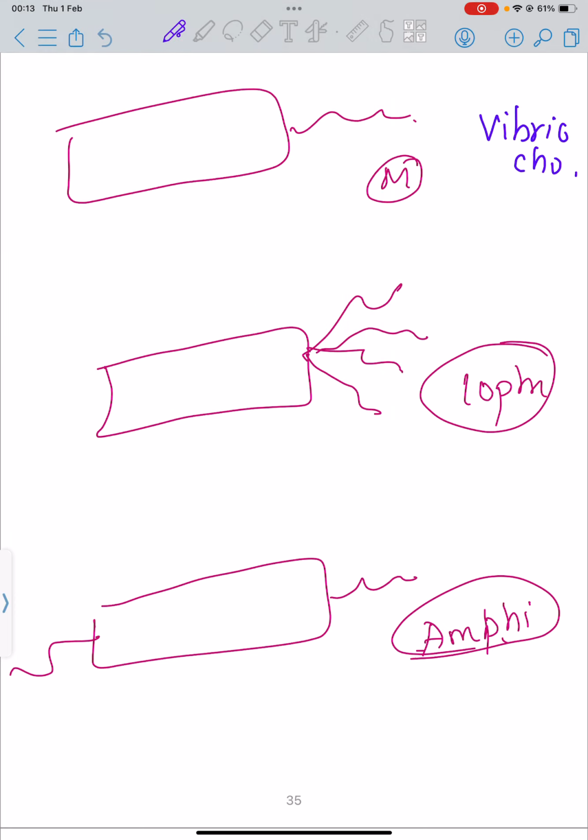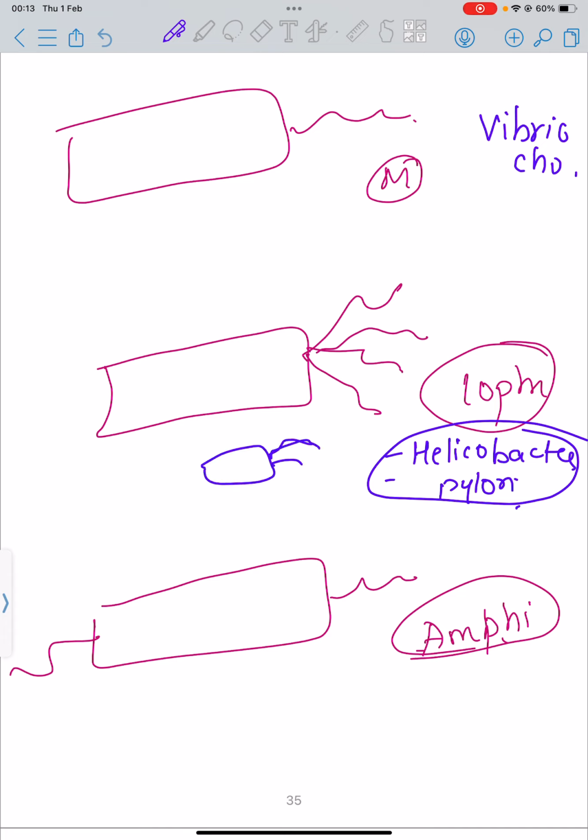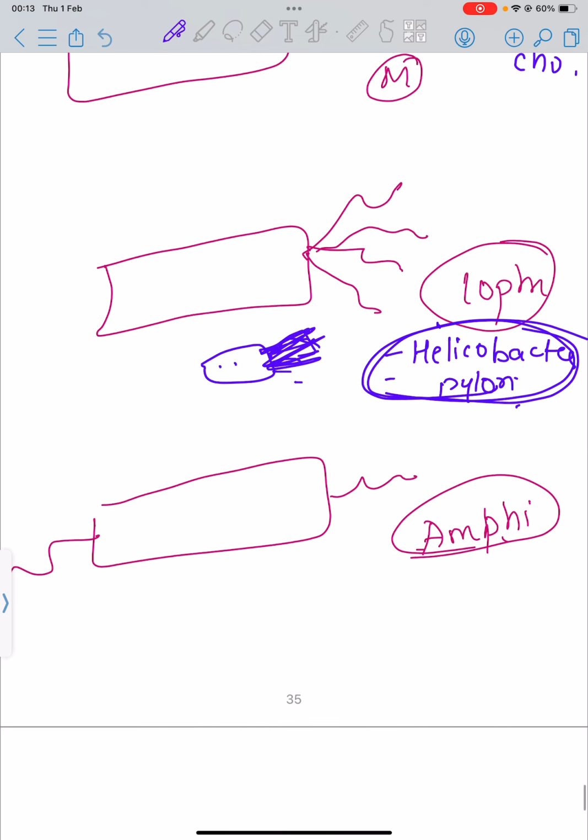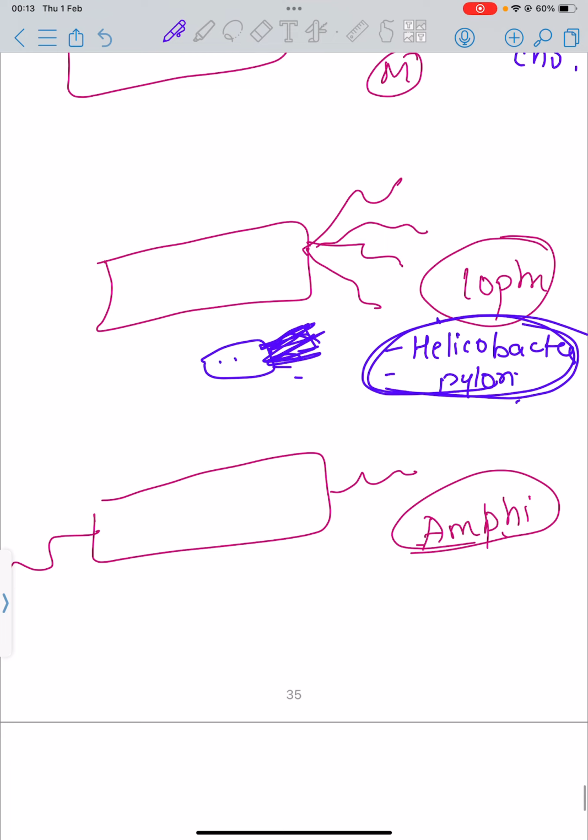Lophotrichous can be Helicobacter pylori. So imagine one helicopter. Helicopter is lophotrichous, right? And amphitrichous is easy to remember: snake or spirillum.